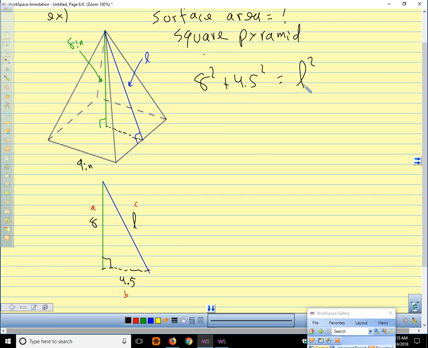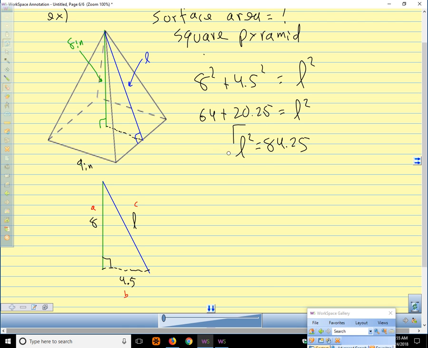A squared plus B squared equals C squared. Well, we get 64 plus 20.25 equals L squared. So L squared is 84.25. To get L, we're going to take the square root of both sides, and my slant height is 9.18.